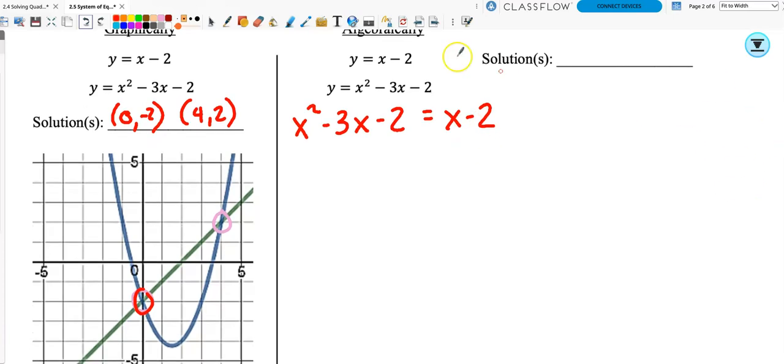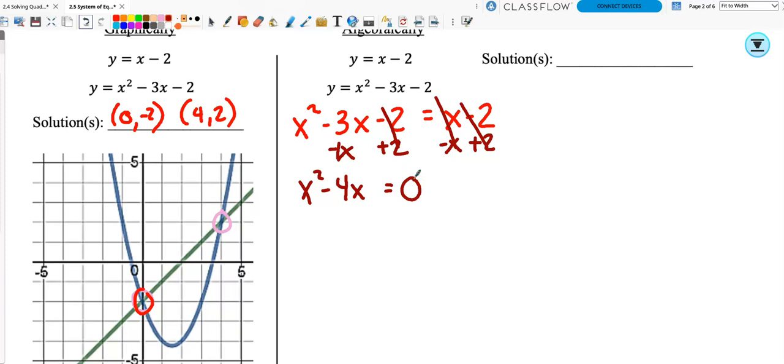First you need to make sure it is equal to 0 by subtracting x under its like term and then adding 2 under its like term. So I'd have x squared minus 4x, and then the constants cancel out, so I only have two terms equal to 0.